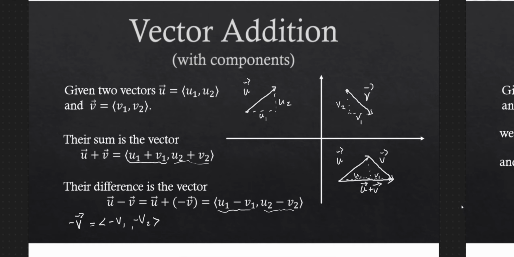I also want to point something else out here with vector subtraction. Let me take another geometric way to think about vector subtraction. Let me grab u again. I'm going to grab v, and I'll do it like I'm adding them. And instead of doing u plus v here, I'm going to demonstrate u minus v.